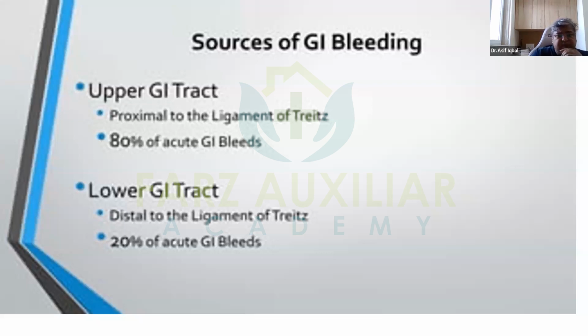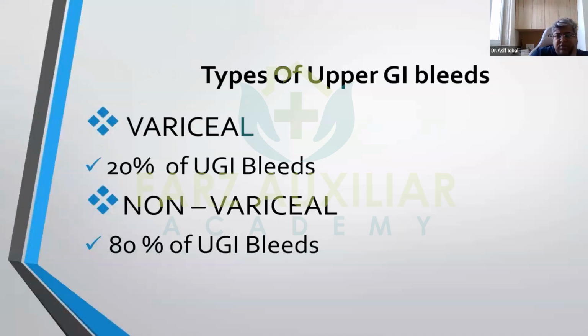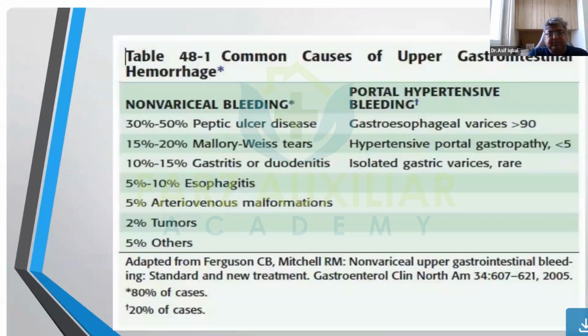The source of bleeding is the upper GI tract in 80% of acute GI bleed and the lower GI tract in 20%. The types of upper GI bleed are variceal or non-variceal. But remember, in the ICU, non-variceal bleeding is 80% and variceal is 20%.